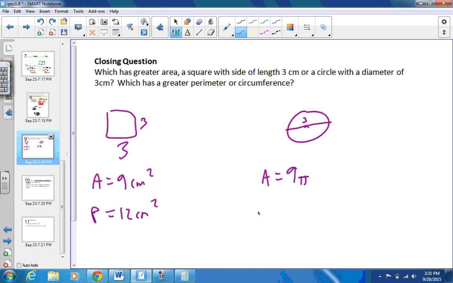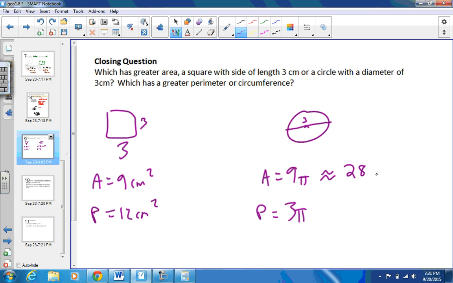And the perimeter would be 3 pi. So let's say that's approximately equal to 28. Let's just say 28.